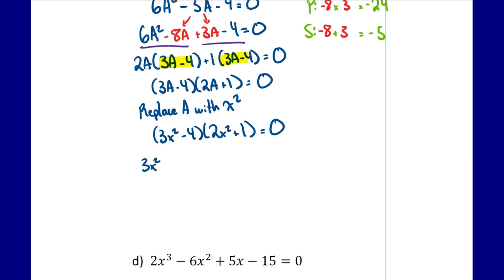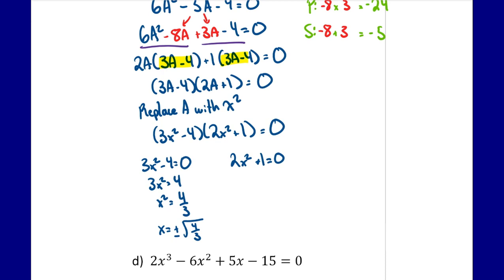So 3x squared minus 4 equals 0, and 2x squared plus 1 equals 0. And solve for x. So we're going to move everything over first and then take the square root at the end. So 3x squared equals 4. X squared equals 4 over 3. Take the square root. X equals plus or minus the square root of 4/3.